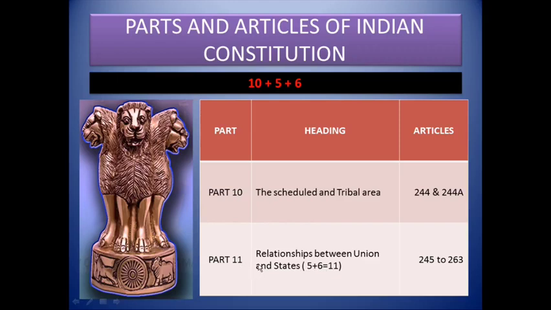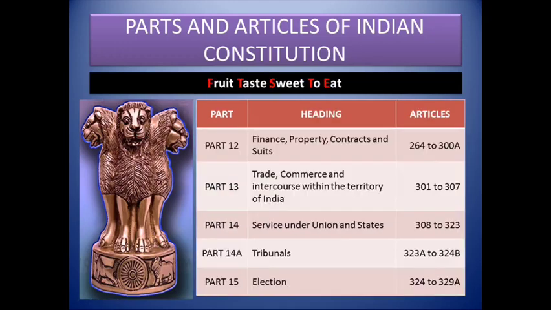So Part 11 is for relationships between Union and States. So Part 10 we said tribes, that is scheduled and tribal areas. Part 11 is for Union and States, relationships between Union and States. So this part we also covered.